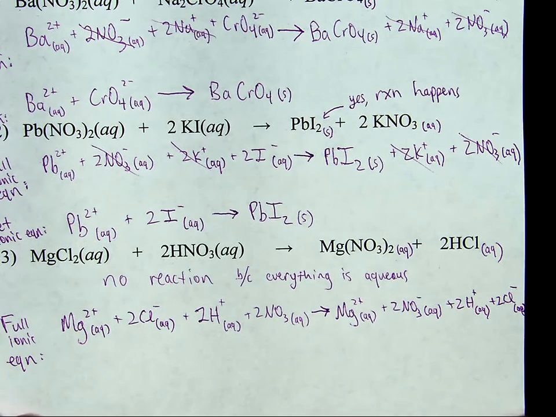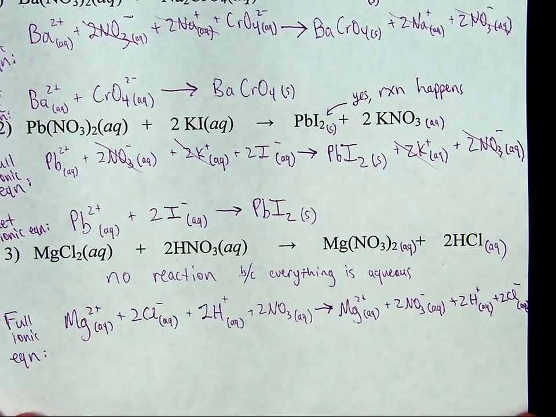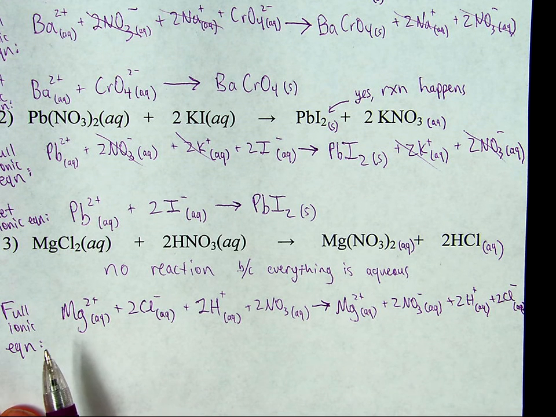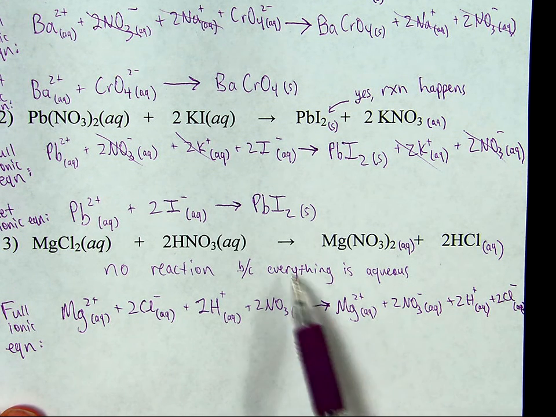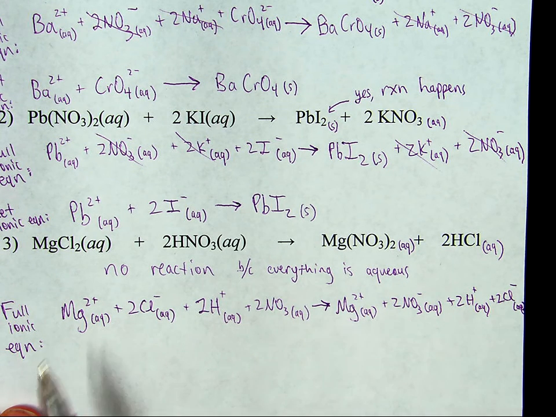Okay, well, what do you do with this? How do you find the net ionic equation? Trick question. There is no net ionic equation. Here's why. If you look at it, there's nothing that isn't aqueous, so your net ionic equation has to have something that's not AQ. Impossible here. Here's the other thing.